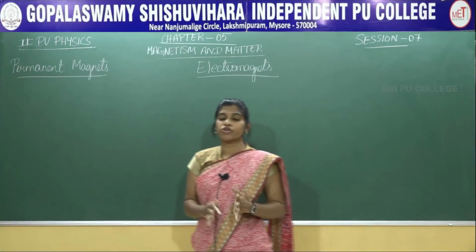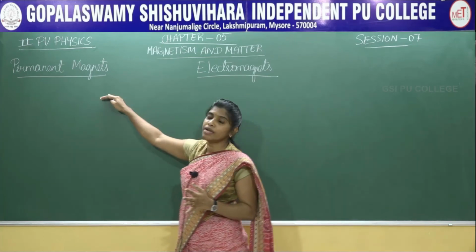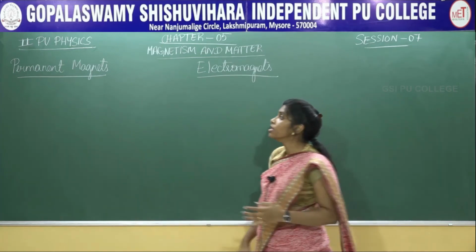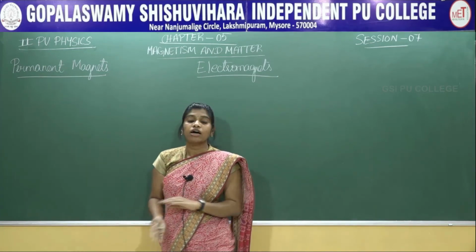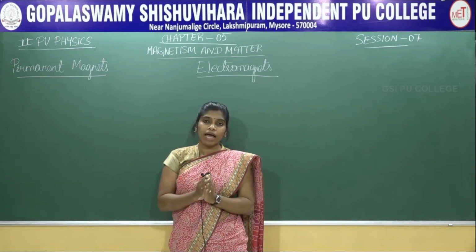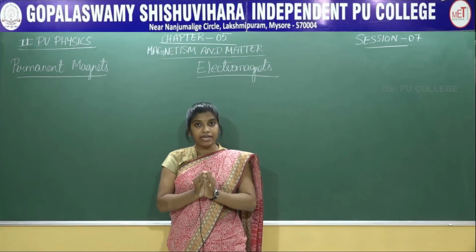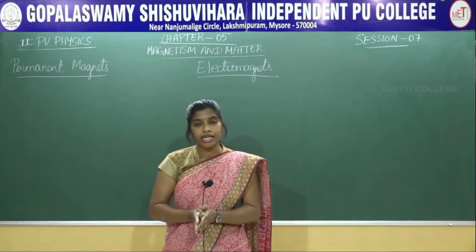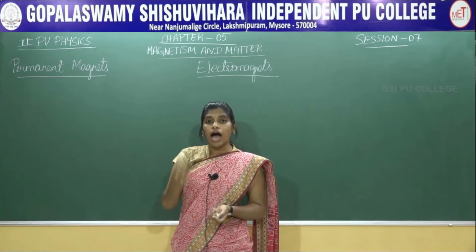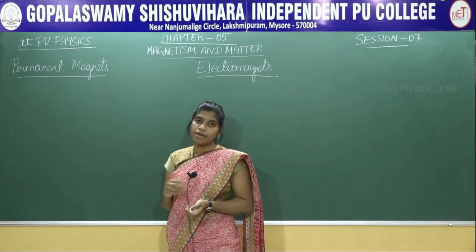The next topic we are going to deal with is permanent magnets and electromagnets. What are permanent magnets? As I have already explained in the previous session, ferromagnets retain magnetization even after the removal of the external magnetic field, and such ferromagnets are used for permanent magnets.